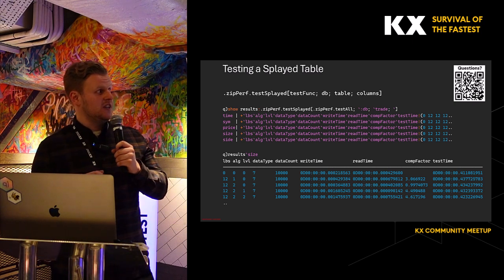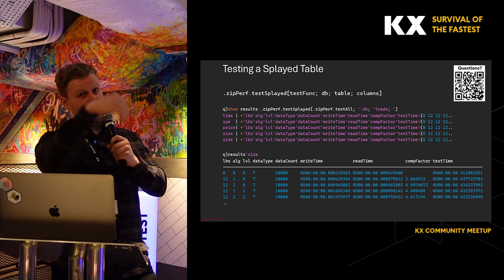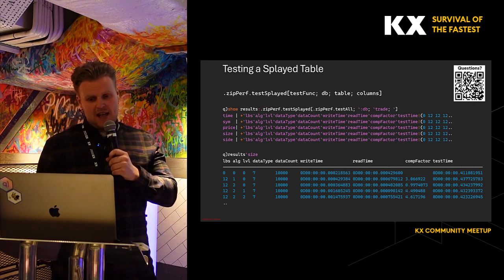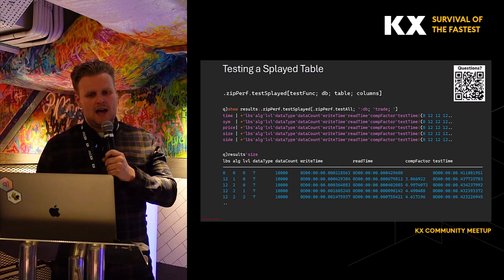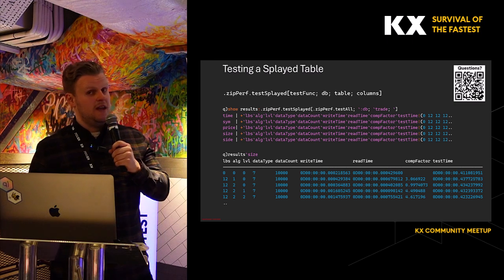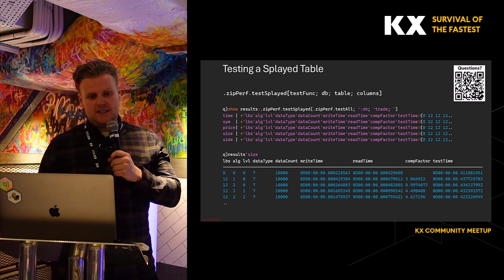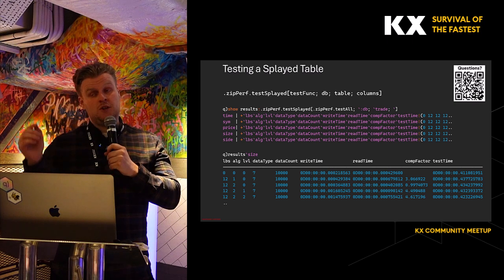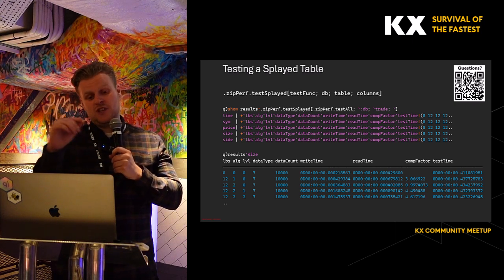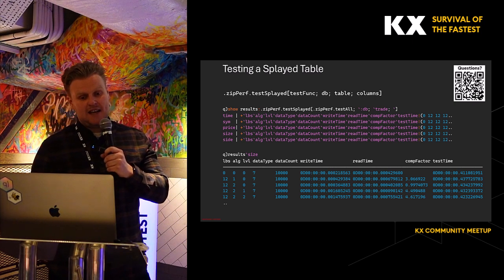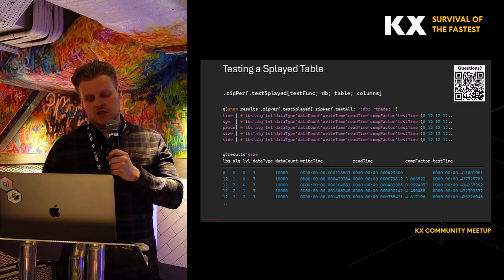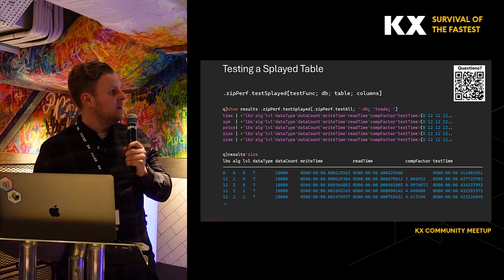But if you were doing a partitioned table, you could also give the date/trade. And the last argument is the column names, or you can give it the null symbol, and that means do it for all my columns. It produces a dictionary mapping each column to its corresponding results table. So you can index into the size column to see its results table, which is what I had in the previous slide.